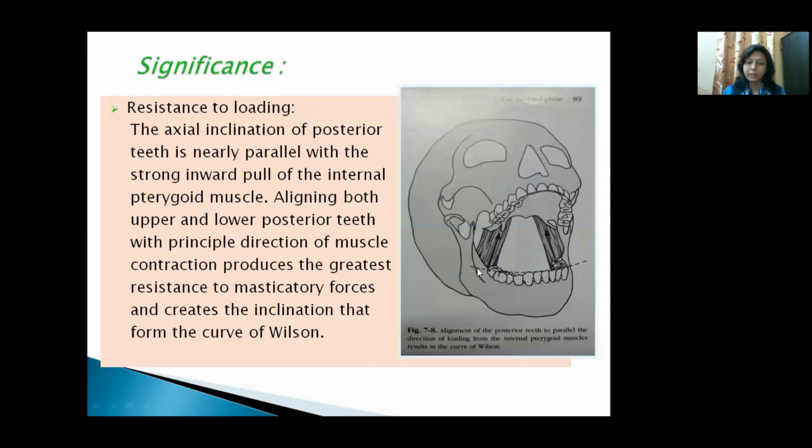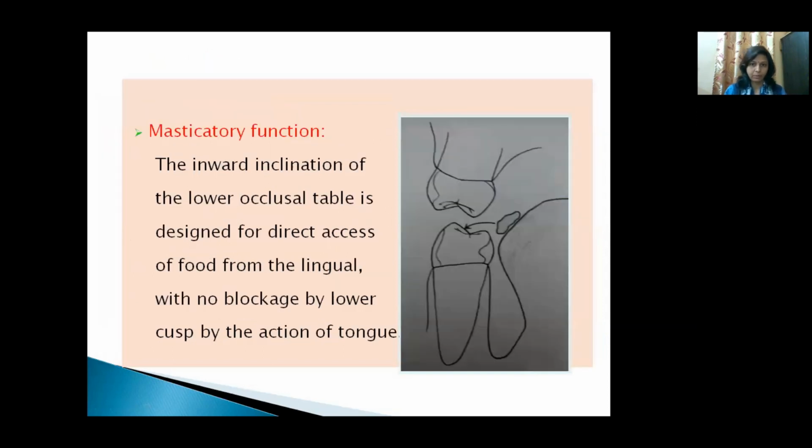Here, this is the curve of Wilson, and this is the medial pterygoid muscle. So, alignment of posterior teeth parallel to the direction of loading from the internal pterygoid muscles results in the curve of Wilson. Also, the elevated buccal cusp prevents the slippage of food from the occlusal table during mastication.